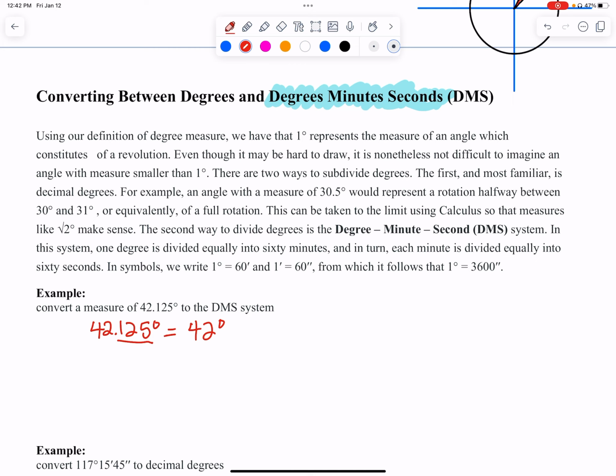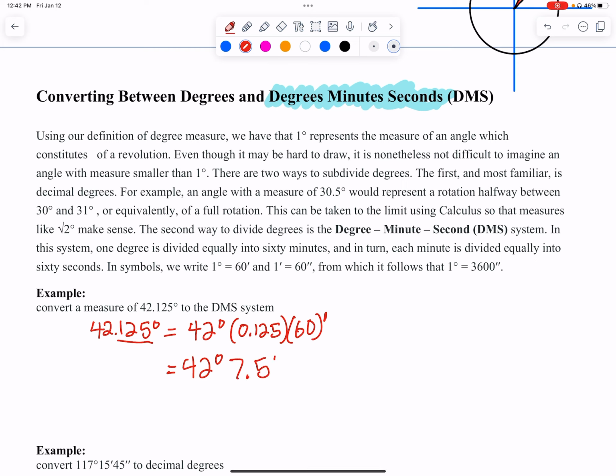So I'm going to take 0.125 and times that by 60, because I want it in minutes. So I just take that decimal and multiply it by 60. If we do that, we get 42 degrees, and I get 7.5 minutes.